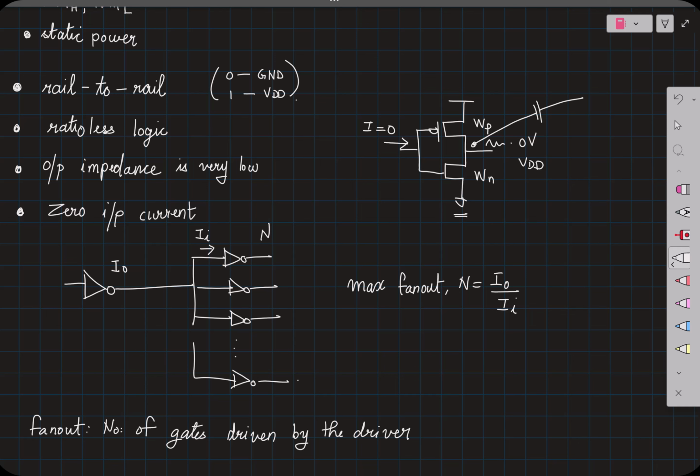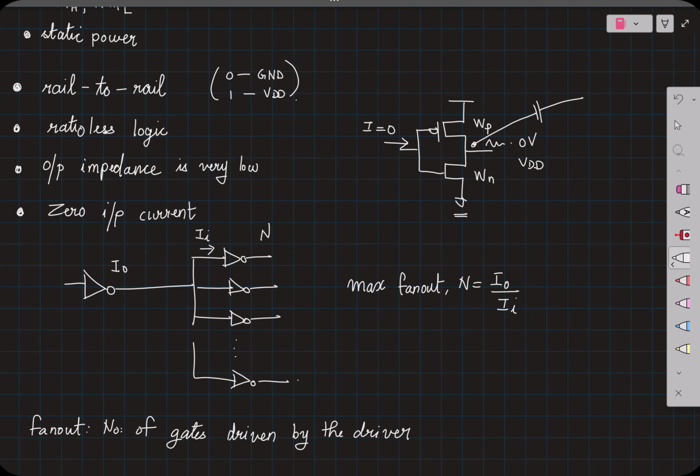You simply look at what is the current that is being drawn. That multiplied with VDD should give you the power consumption. So we simply need to know what is the current that is being drawn by this inverter under static conditions.